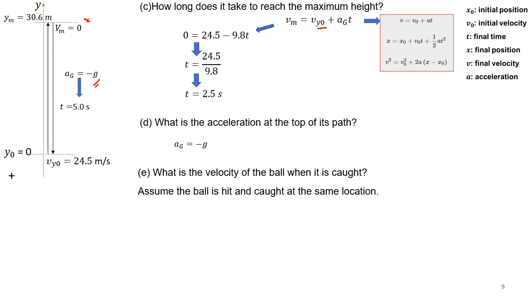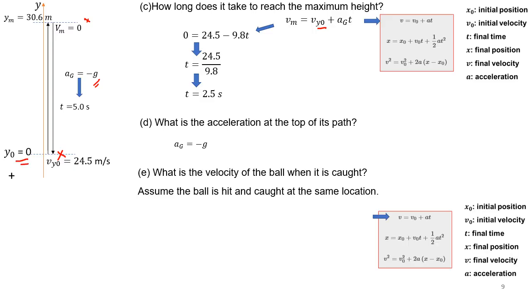What is the velocity of the ball when it is caught? That means when it comes back, what is the final velocity? We have to assume that the ball is hit and caught at the same location, y0 equal to 0. So we can use the first equation to find the final velocity, because we know the initial velocity, we know the acceleration, and we know the time taken is 5 seconds.